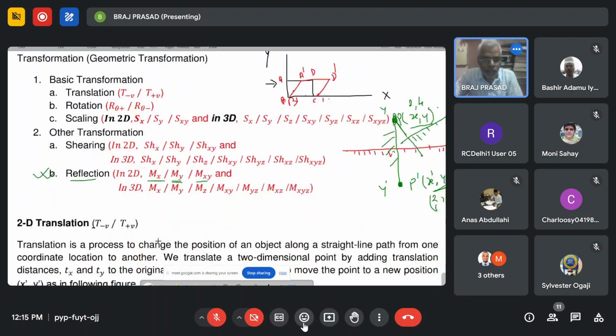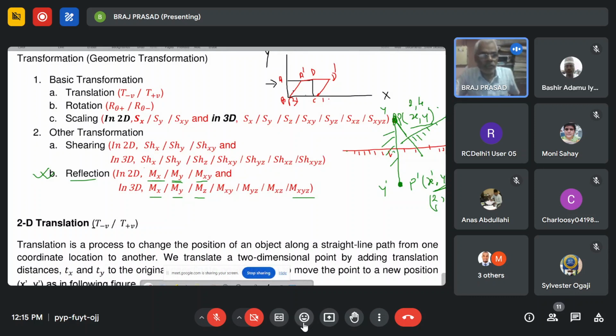But in 3D, there are different notations. If the mirror is only in x direction, mx; if it is in y direction, my; if it is in z direction, mz; if it is in xy plane, then it is mxy; and if it is yz plane, then myz and xz; and if it is inclined to all planes, then it is called mxyz.